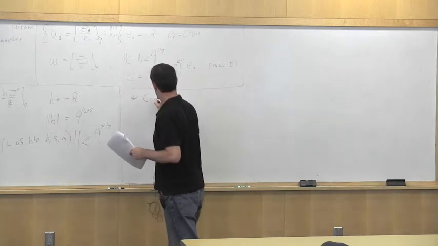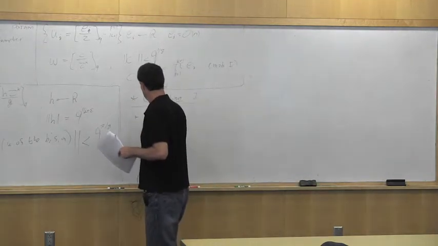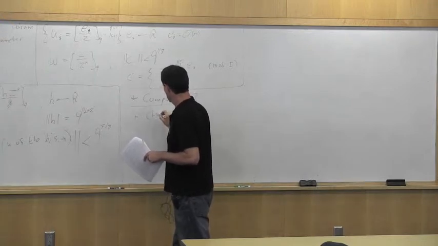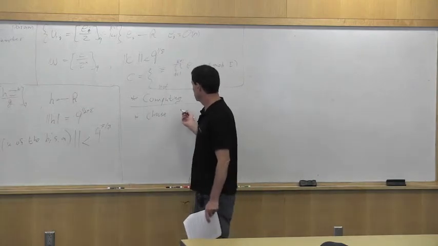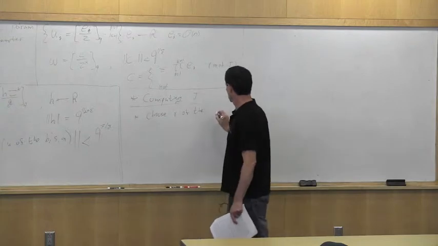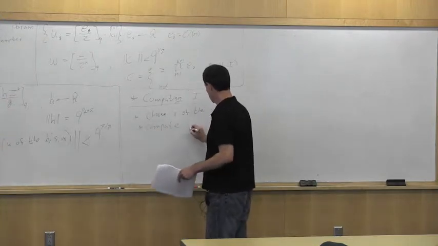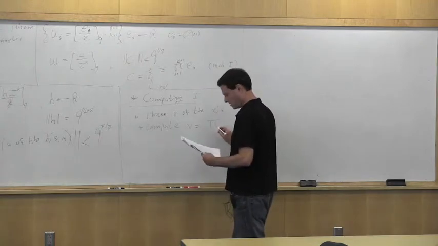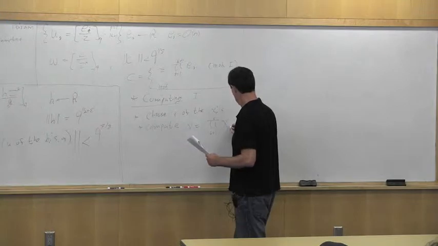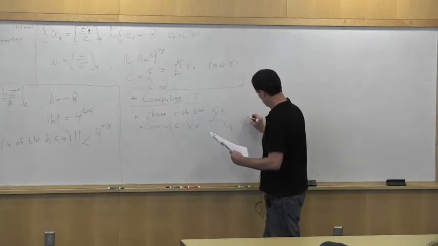Choose r of the I, compute v as the product from 1 to r of x_j times y to the k minus r.